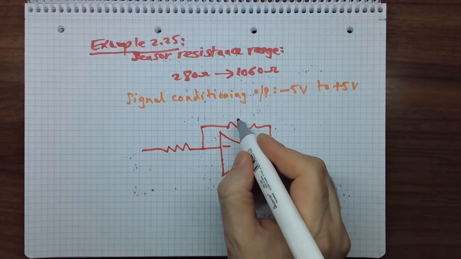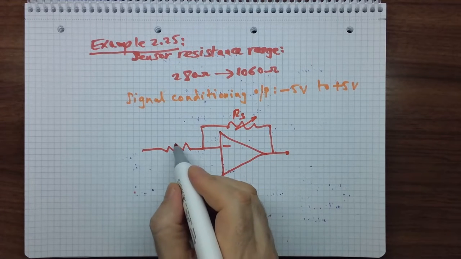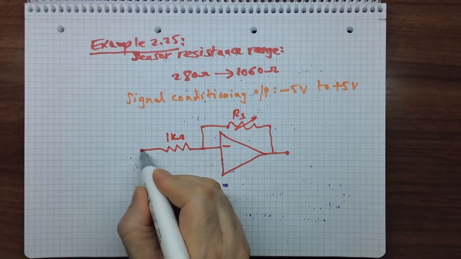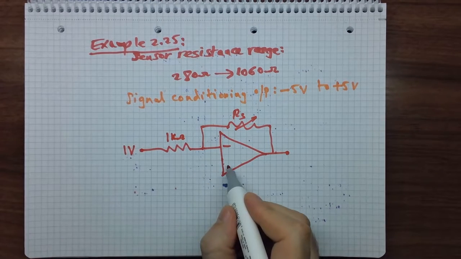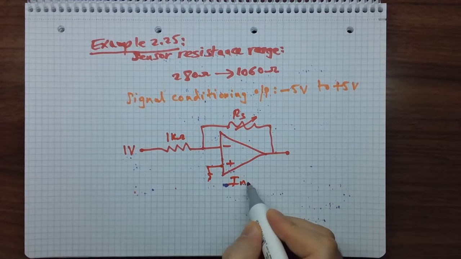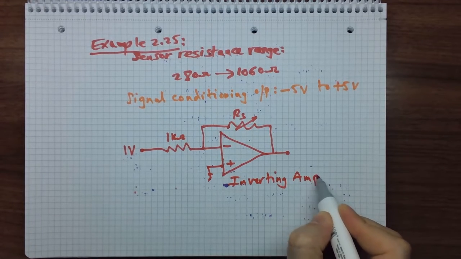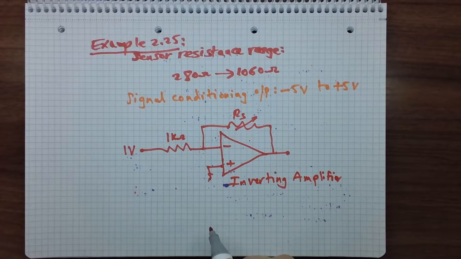Okay, we can put the sensor here, RS, this the value of the sensor, and we can put a fixed resistor here, for example, say 1 kilo ohm. So, and a DC voltage of 1 volt, for example, here. Then this is the plus sign. So this is basically an inverting amplifier.